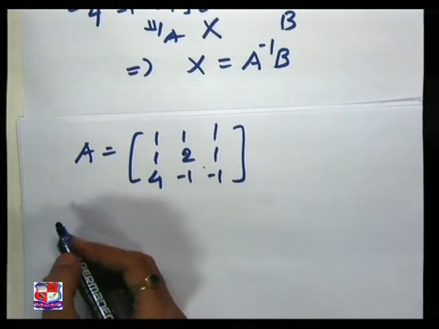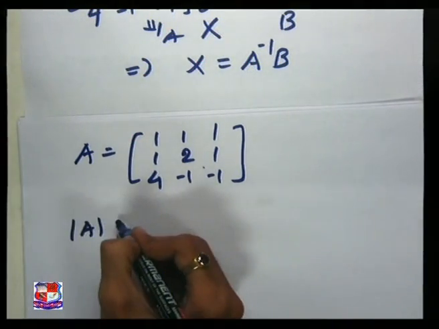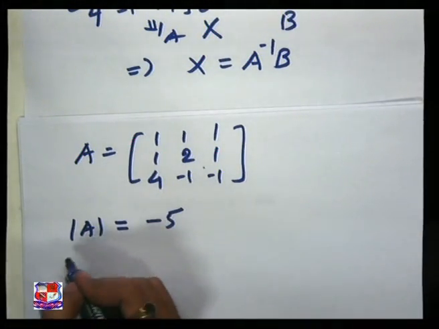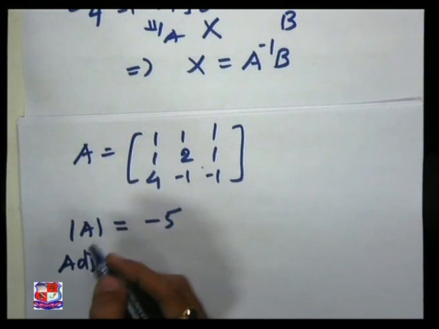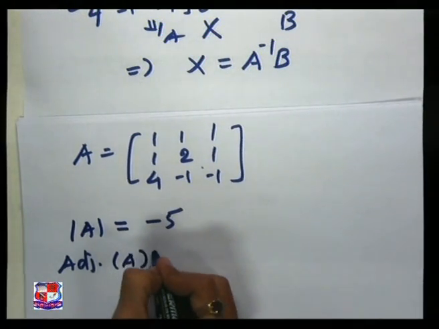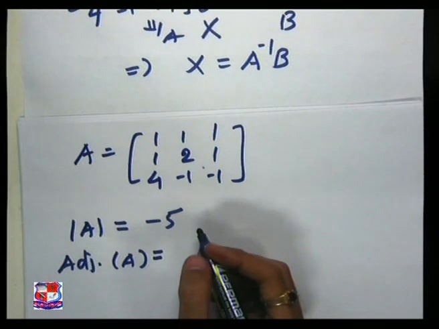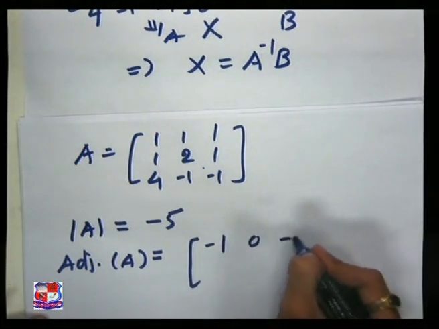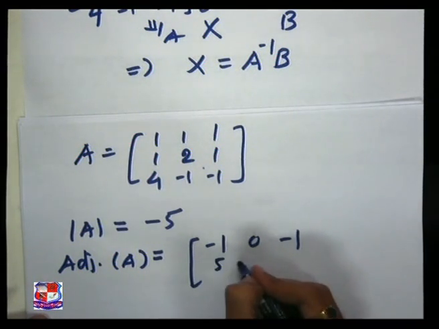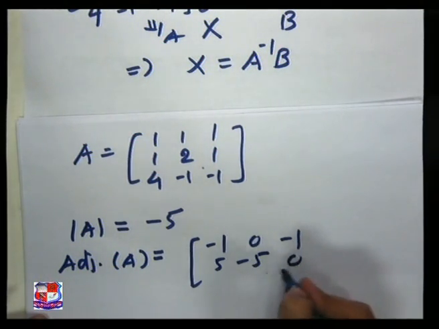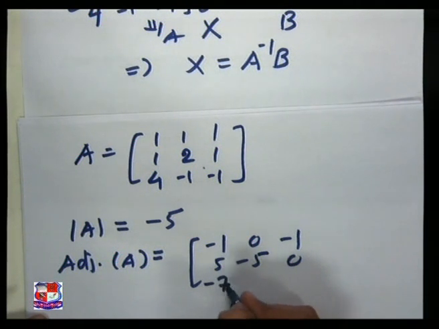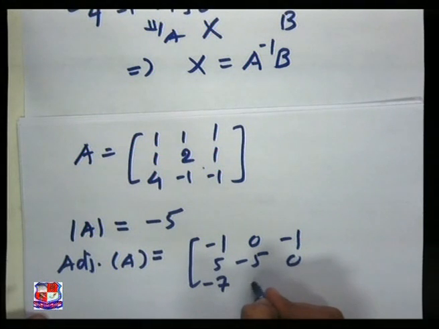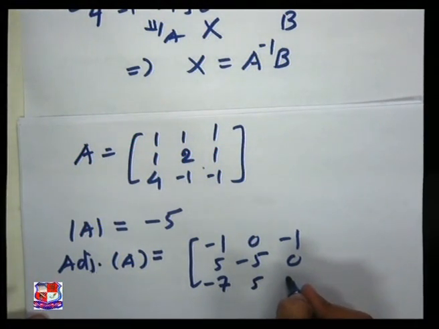So here I will directly write the determinant of A, that will be minus 5, and the adjoint of A, that will be minus 1 0 minus 1, 5 minus 5 0 and minus 7 5 and 1.